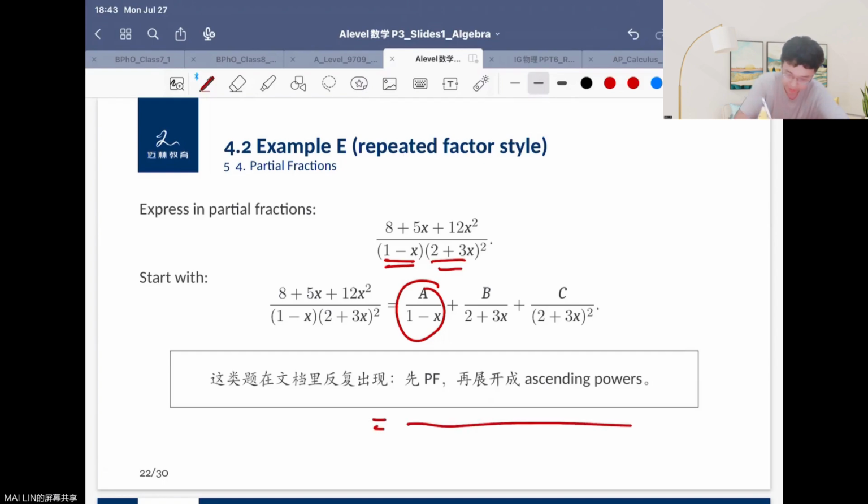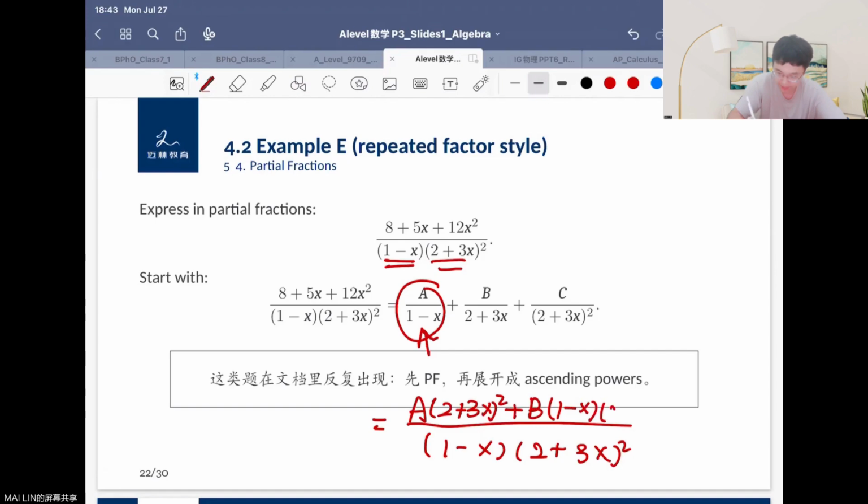So first you write down the right side over the common denominator 1 minus x times 2 plus 3x squared. The first fraction gives a times 2 plus 3x squared. The second gives b times 1 minus x times 2 plus 3x. And the third gives c times 1 minus x. That is the total equation.